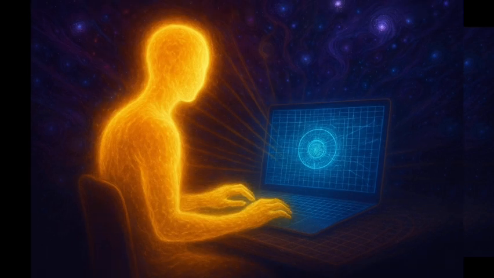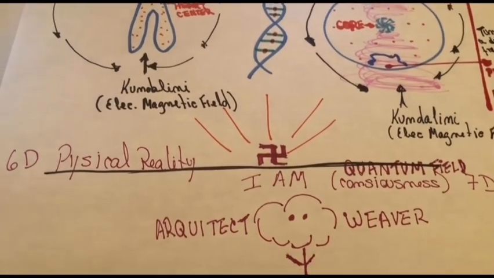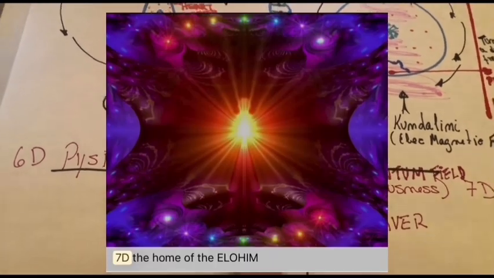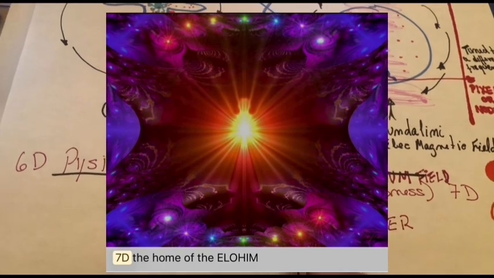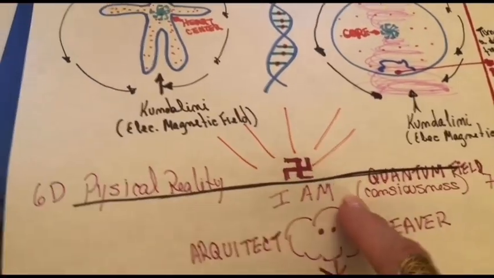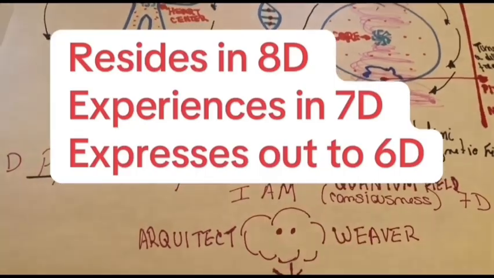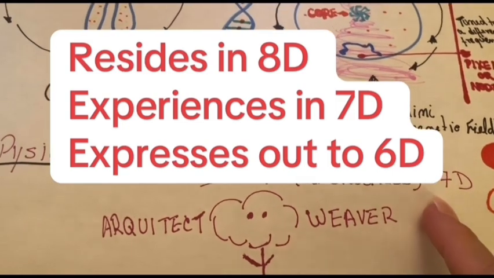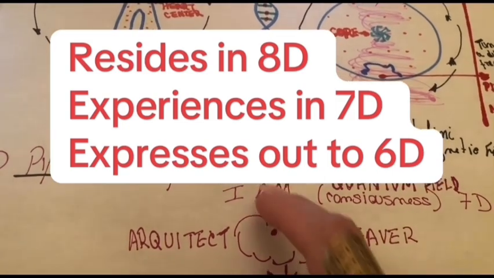The realm of thought, the quantum field, where everything is a wave, where everything exists in infinity, in no space and time, the point before the Big Bang. That's my perception of what the Weaver is. Same thing as architect. So Mr. Weaver, which is consciousness, right? In 7D, the I am.